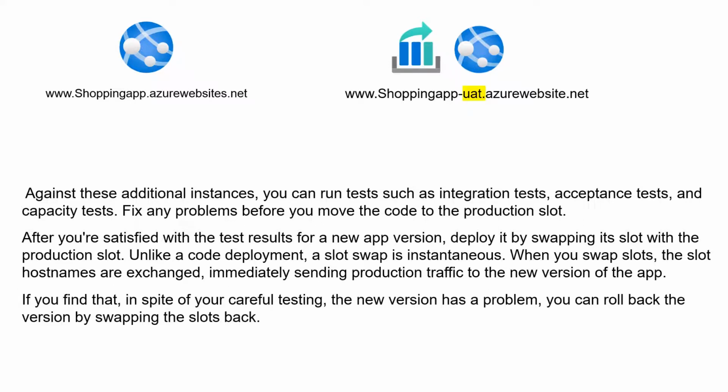After running the test, once we feel the application that is deployed on the UAT slot is found to be good, then we can swap it to production. In case after swapping to production, if you find any new issue, we can simply roll back by swapping them back to UAT, and whatever the old version was in production will be redeployed to production instantly.